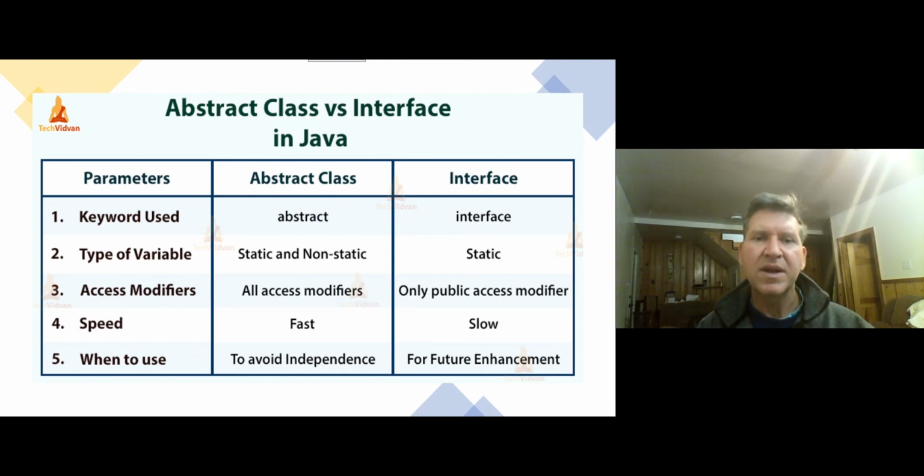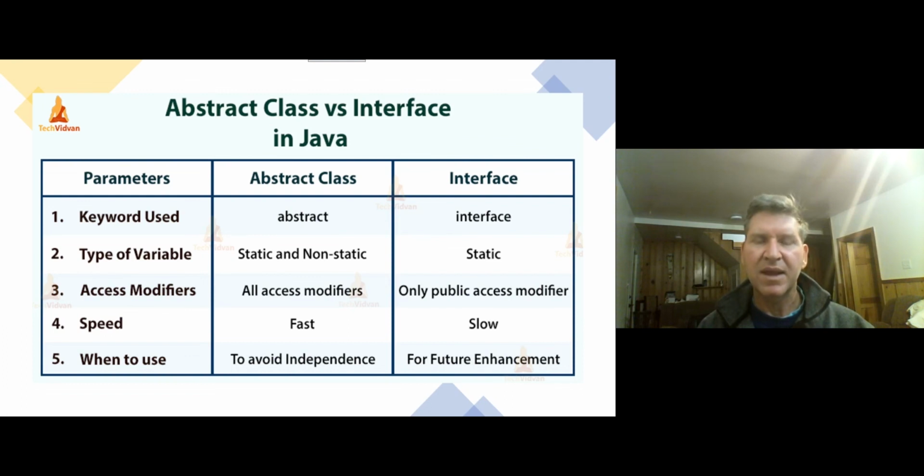And then when would you want to use each? With abstract classes, we want to avoid independence. We want to not create a class that doesn't have any methods it borrows from a parent class.